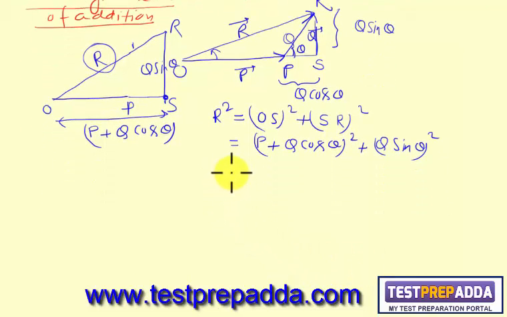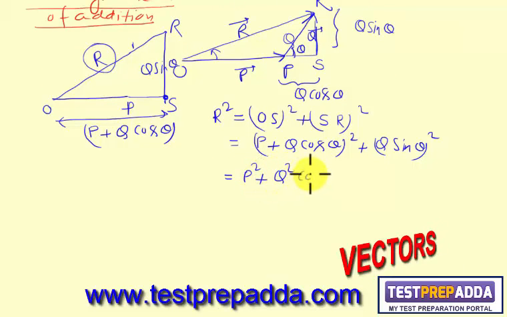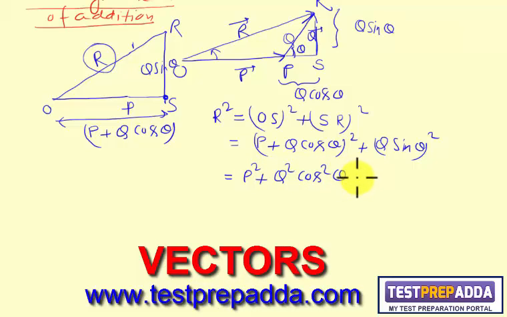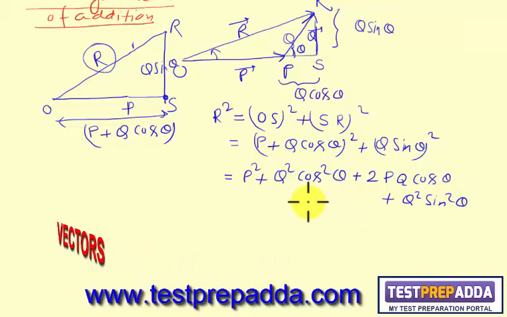Now if we open this, it comes as P square plus Q square cos square theta plus 2 PQ cos theta plus Q square sin square theta.